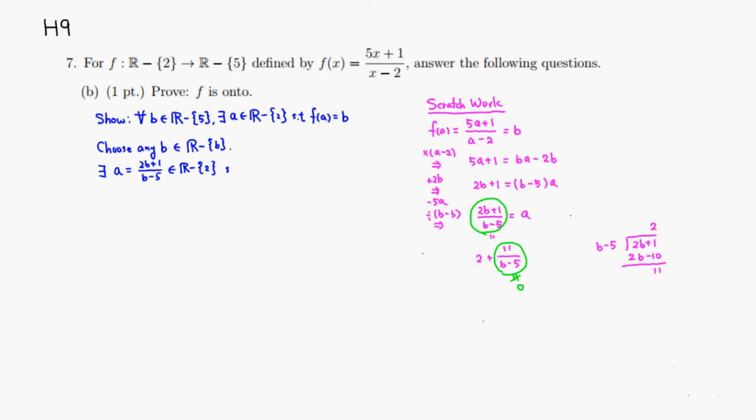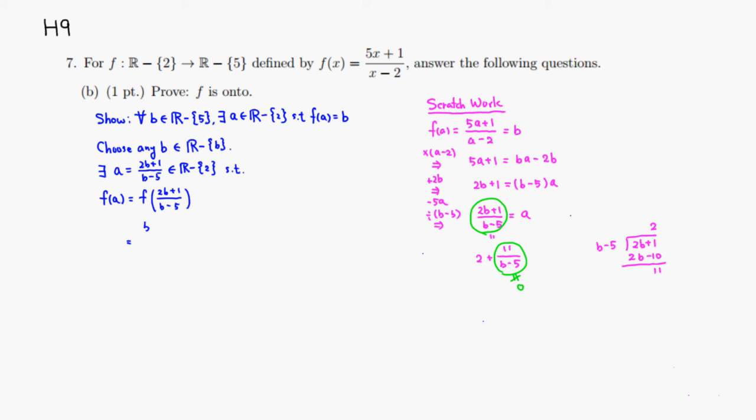Then you can see that if you do f of a, it's the same thing as f of 2b plus 1 over b minus 5. We have to replace x by 2b plus 1 over b minus 5.